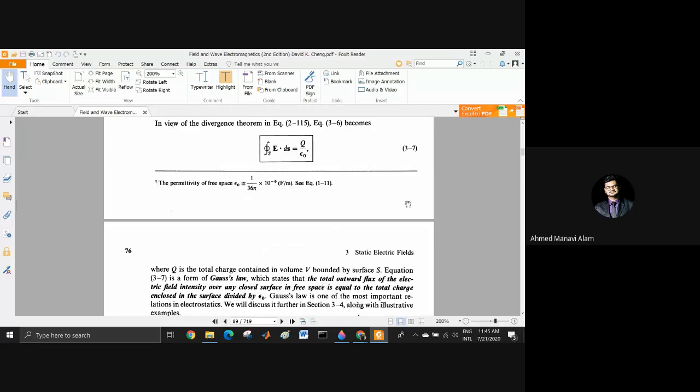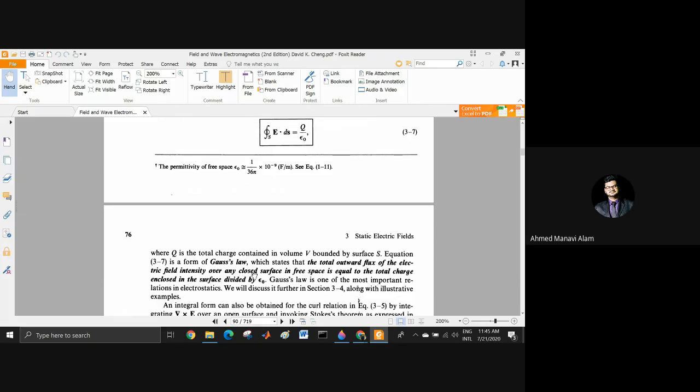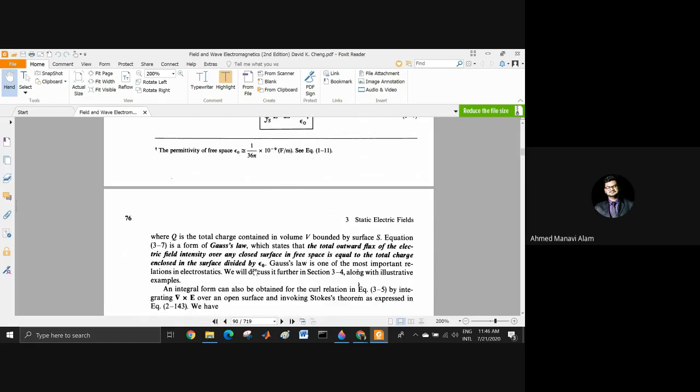ঠিক আছে, it is the amount of charge that is stored in S. Equation 3.7 is also a form of Gauss's law, very famous Gauss's law, which states that the total outward flux of the electric field intensity over any closed surface in free space is equal to the total charge enclosed in the surface divided by epsilon naught. আবারও পড়ি, the total outward flux of the electric field intensity over any closed surface in free space is equal to the total charge enclosed in the surface divided by epsilon naught.